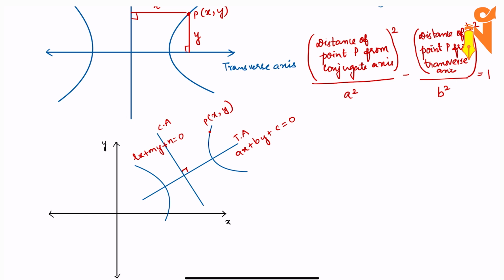Now if you take the general formula, the numerator for the first term is the distance of point P from the conjugate axis, which is this distance.